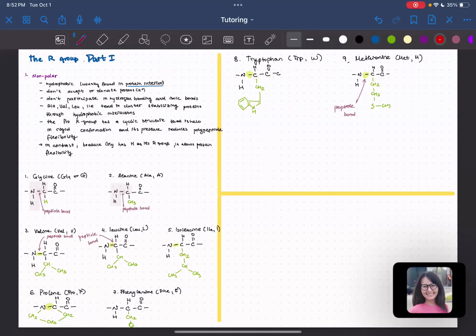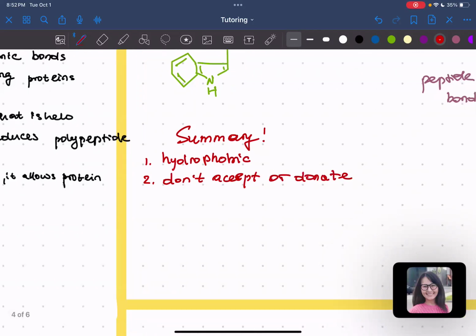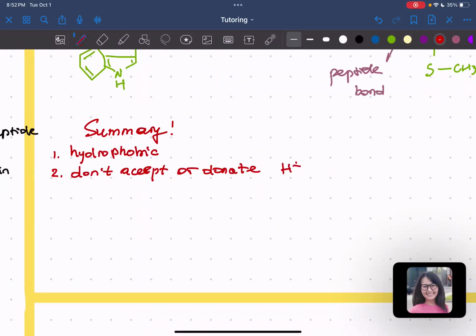So to repeat, summary. One, hydrophobic. Two, don't accept or donate H plus protons. Three, don't form hydrogen or ionic bonds.